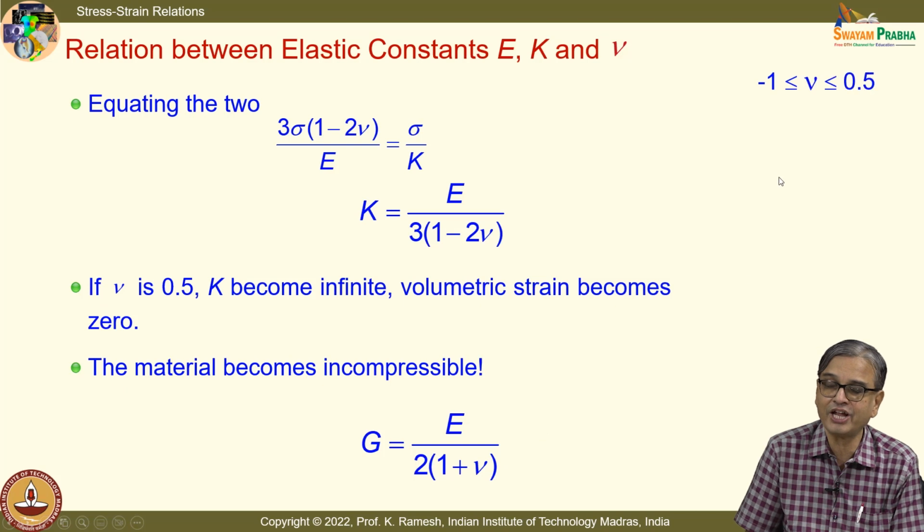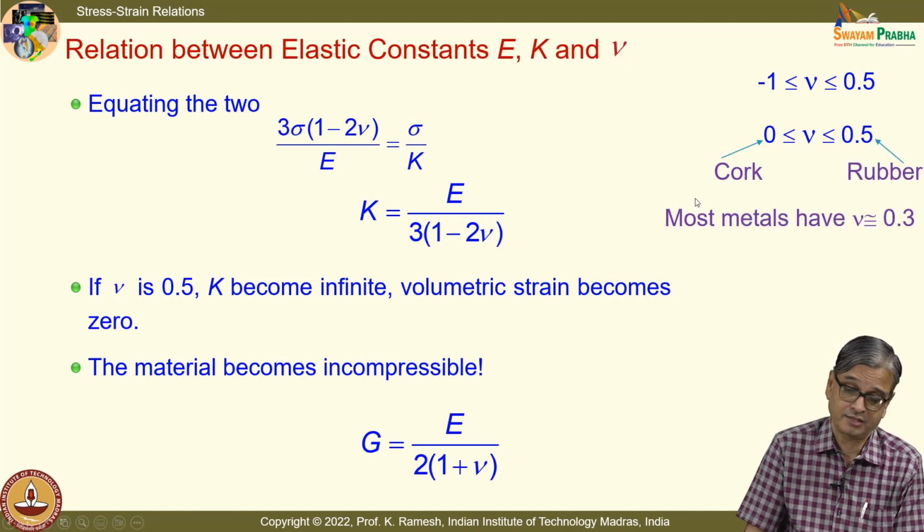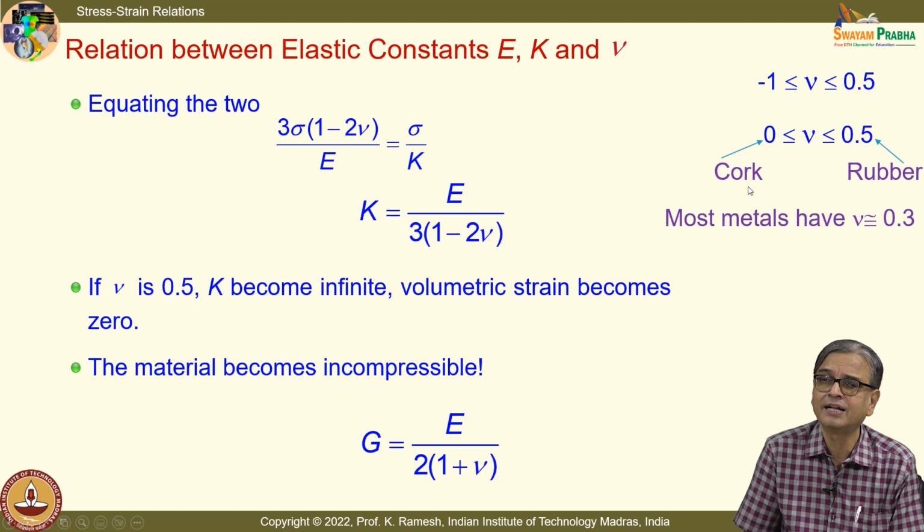So, I have the range of Poisson ratio -1 to 0.5, but most materials have between 0 and 0.5, and you have a very interesting material, cork. Cork has a Poisson ratio close to 0. It may have some small value, but we declare that it is 0. Similarly, rubber is also very close to 0.5, okay, and most metals have nu equal to 0.3.